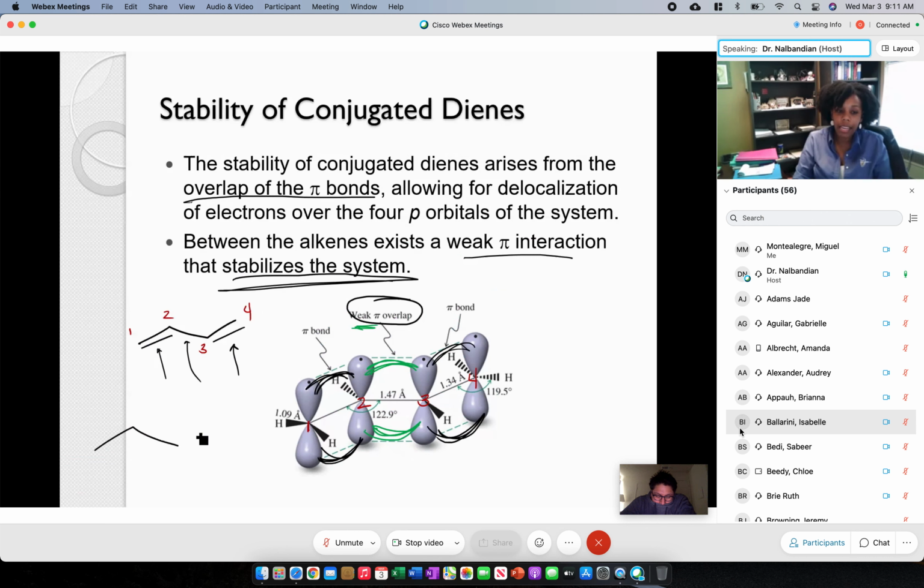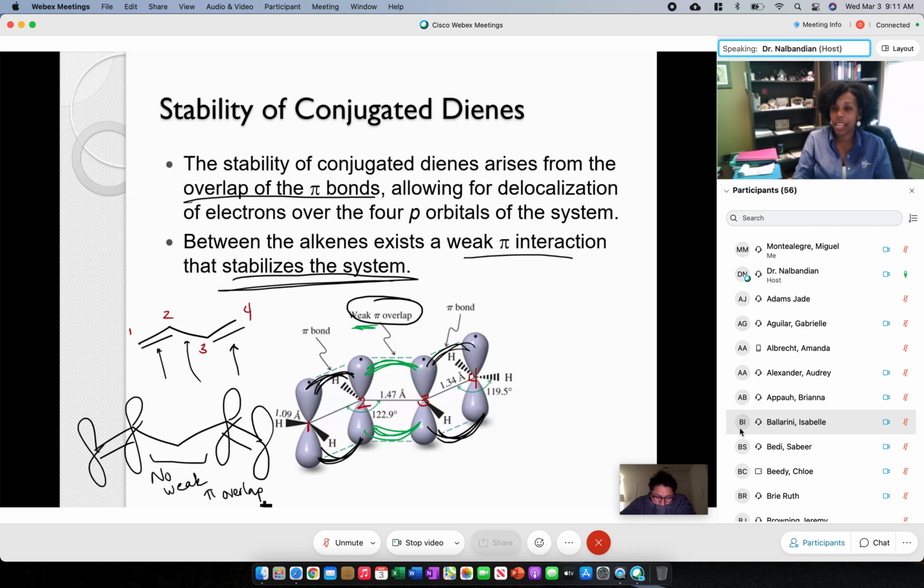If we had a non-conjugated diene, we'd have a p orbital here, here, here, and here, but there's no weak pi overlap in the middle. Because we have a conjugated diene, we see a weak pi overlap between carbons 2 and 3.